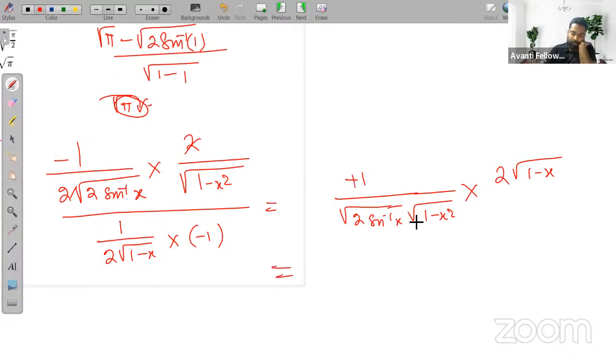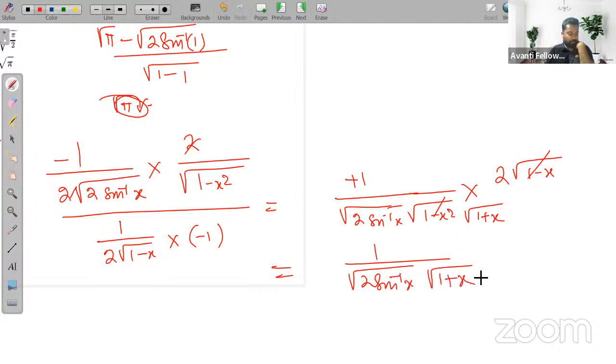So this will be cancelled out and you will be having 1 plus x. This will be 1 upon root of 2 sine inverse of x into 1 plus x, right?